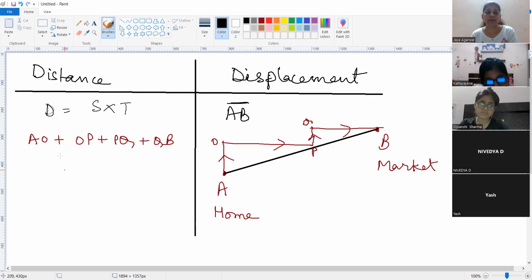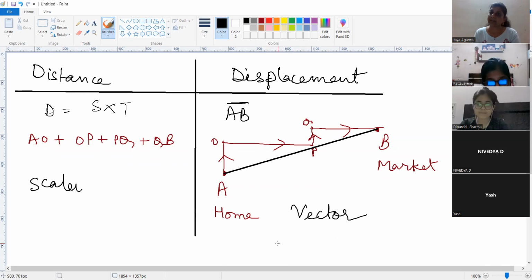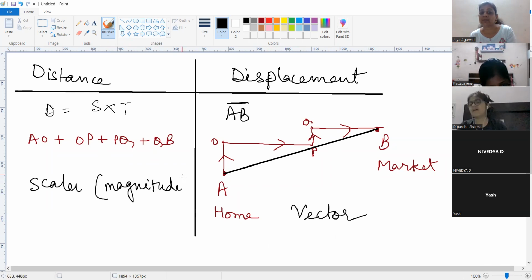Now, the second point of difference is that distance is a scalar quantity, and we don't need direction in this, whereas displacement is a vector quantity. Scalar means a concept where we have only magnitude. Magnitude is how far it is. Whereas a vector quantity has magnitude plus direction.